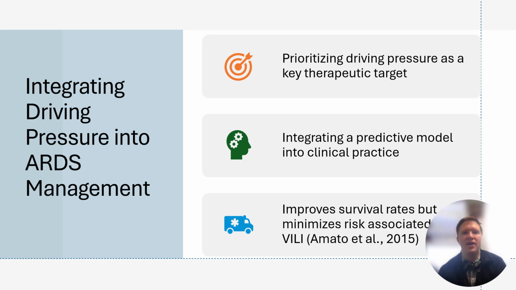So the study by Amato really shows the critical role of driving pressure in making sure survival outcomes in ARDS are appropriate. They did a rigorous analysis and validation, and they really did establish that driving pressure is the big modifiable risk factor and the central component of survivability in their predictive model. This highlights the importance of personalized ventilatory strategies that account for individual patient characteristics.